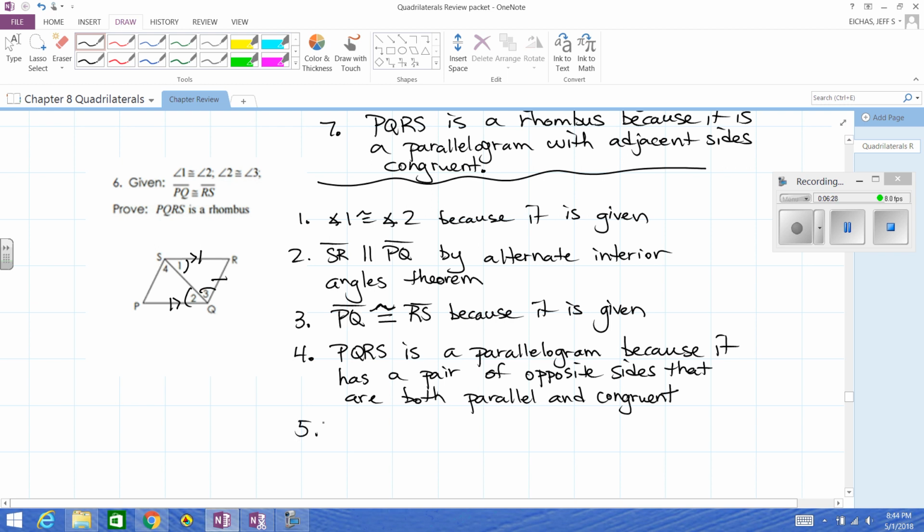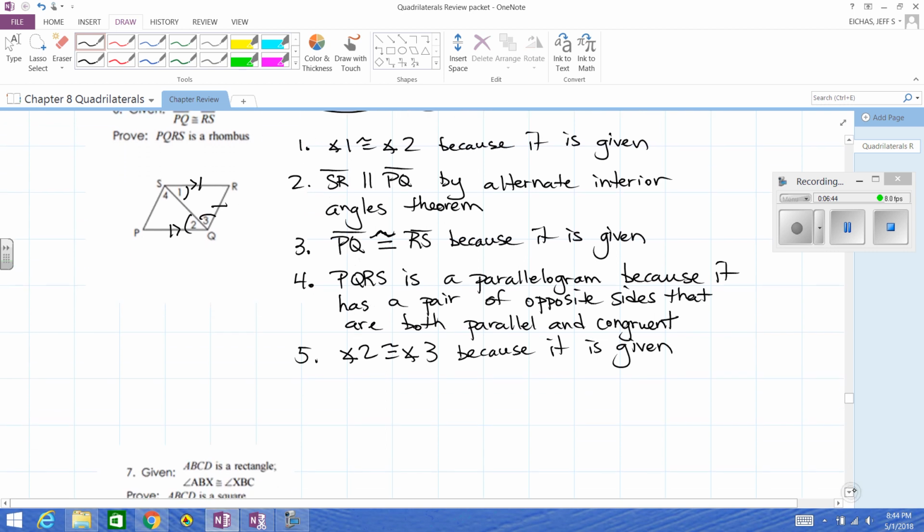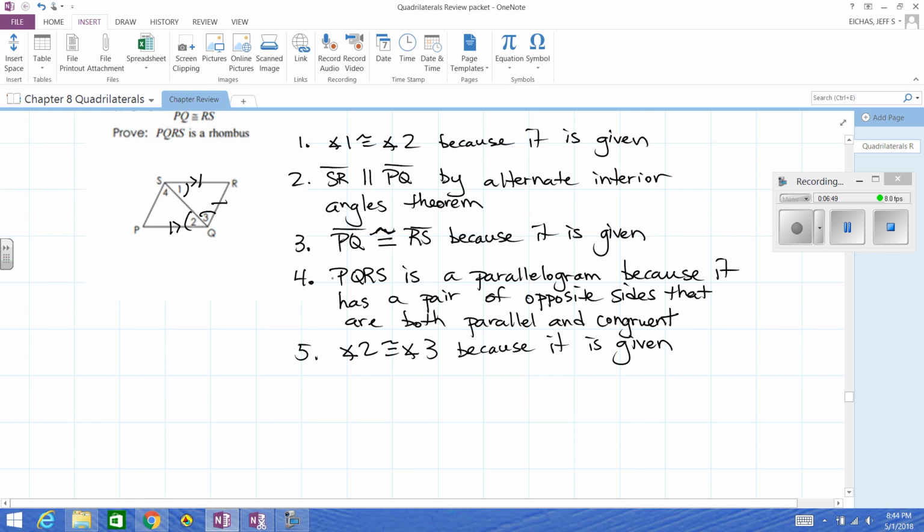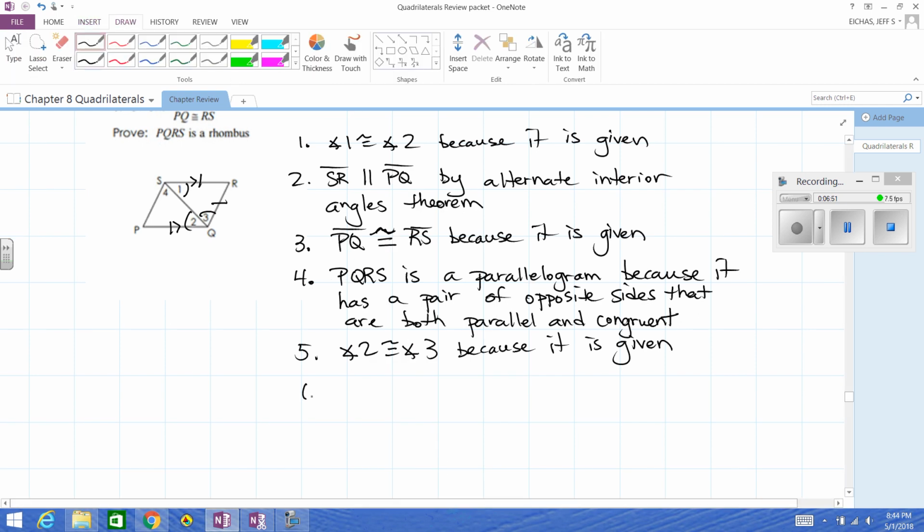All right, now let's upgrade it. All right, angle 2 congruent to angle 3 is given. So again, we're going to have to use that substitution. Okay. So I'll highlight those. 2 and 3 are the same, 1 and 2 are the same again. Angle 1 now is the same as angle 3 by substitution.